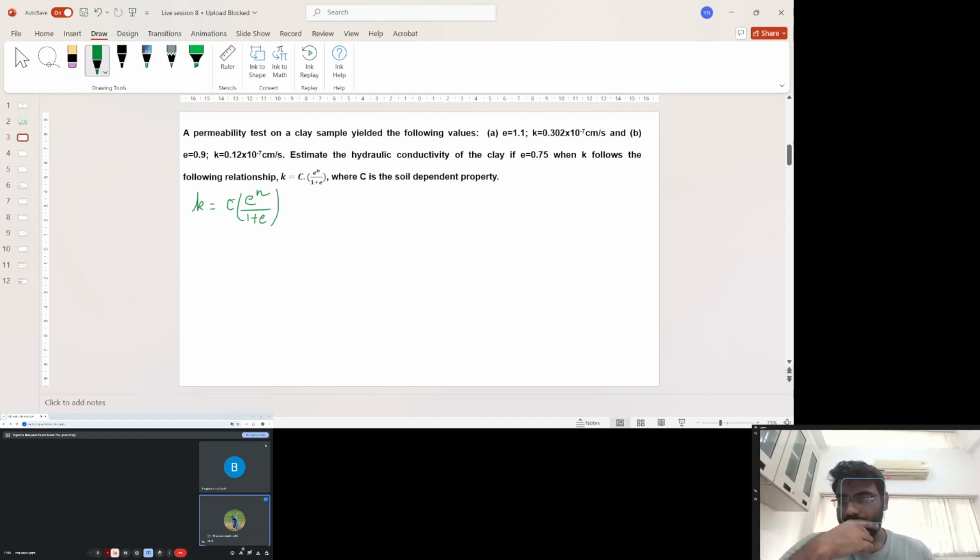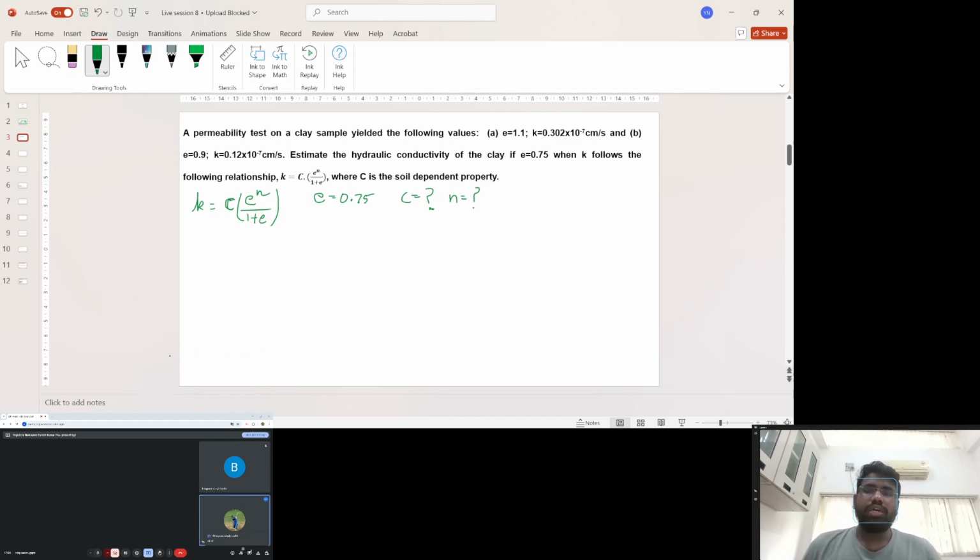Right. So we now need the hydraulic conductivity for e equal to 0.75. Right. So for that we need C and n.